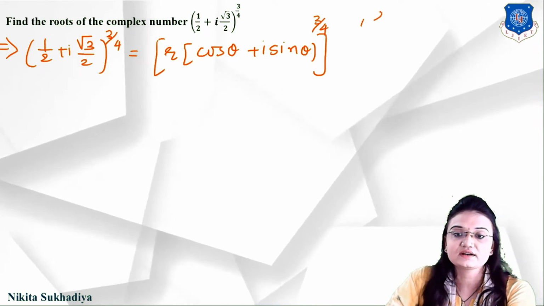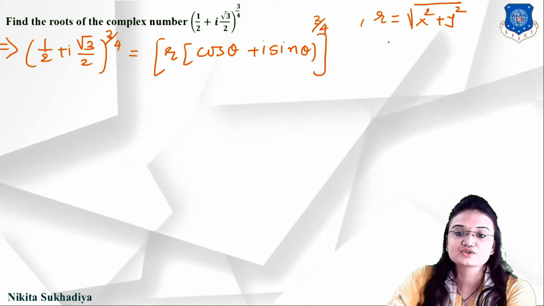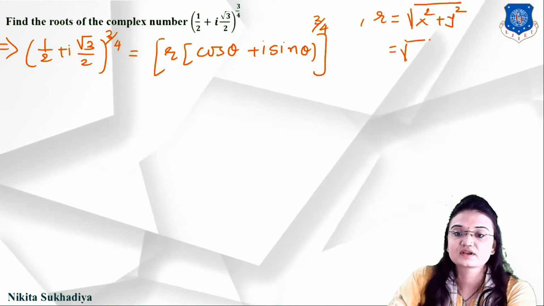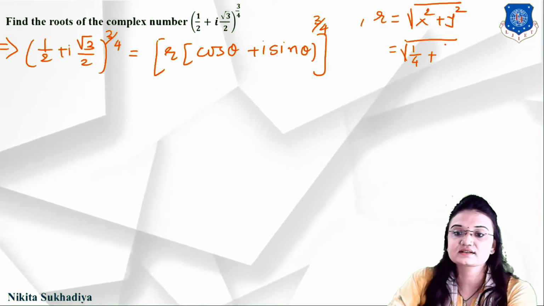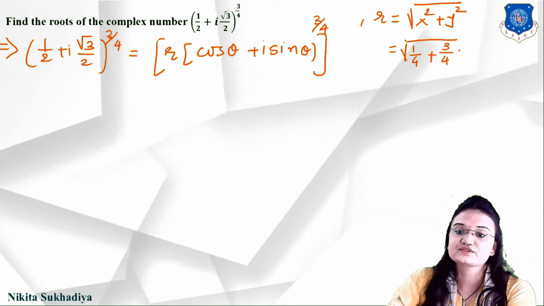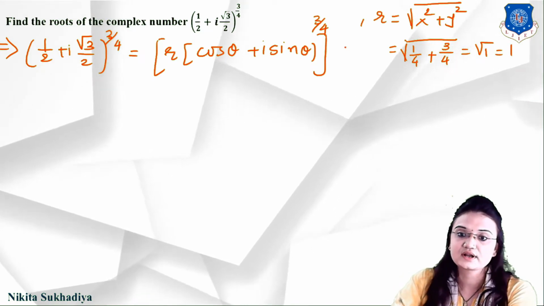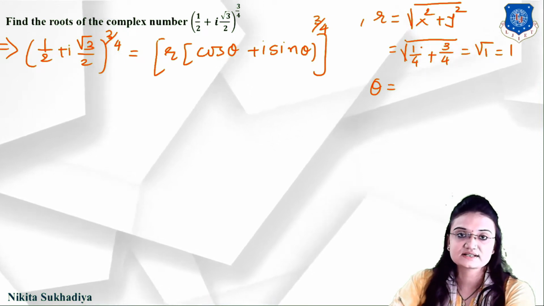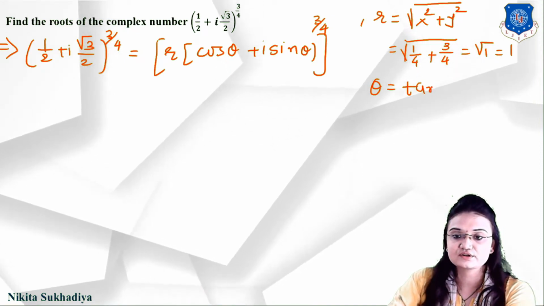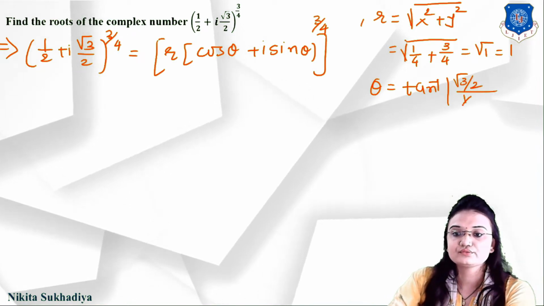Okay, but here r is equal to under root of x square plus y square. So in this case x square, that is 1 by 4, and y square, that is 3 by 4. So this will become 4 by 4, so under root of 1. So r is equal to 1 and theta is equal to, this complex number is in the first quadrant, so theta is equal to tan inverse y by x, that is root 3 by 2 upon 1 by 2.